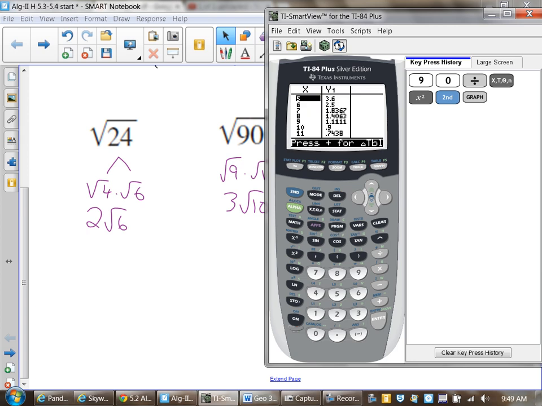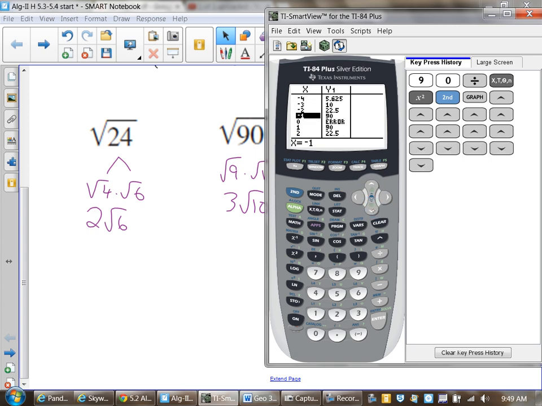As you go through your table, you're looking for the largest positive value in the y column that is still an integer, a whole number. Excuse me, the smallest one. Oops, I went too far. As I'm scrolling through with my positive values, 1 and 90, 3 root 10.